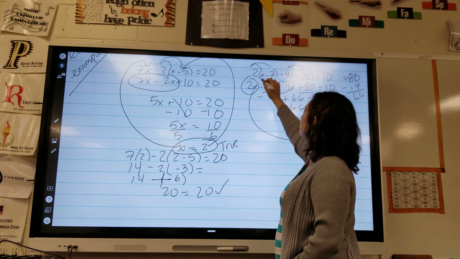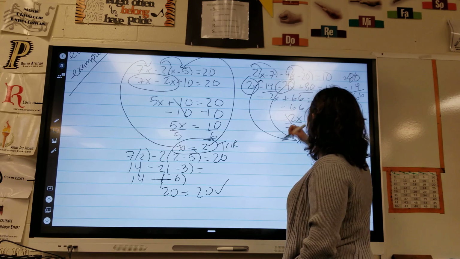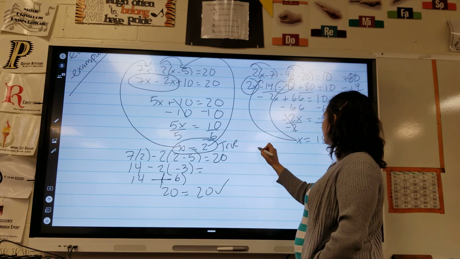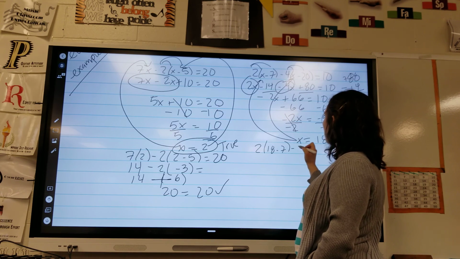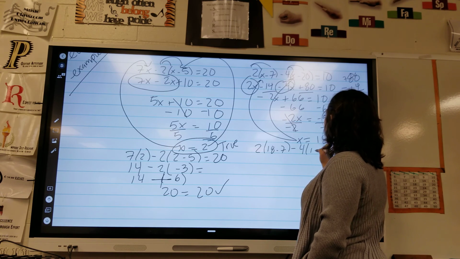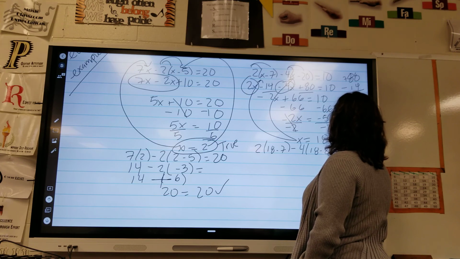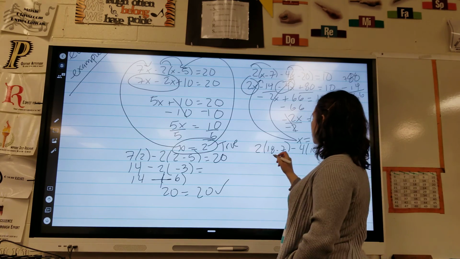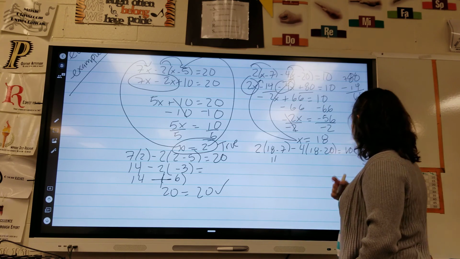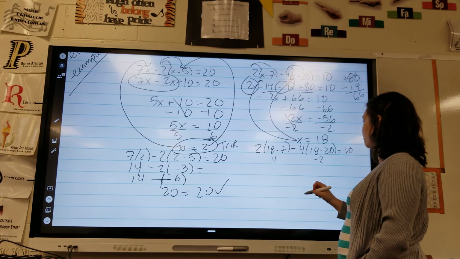So, going to put the x in there and that x in there. So, we got 2 times 18 minus 7 minus 4 times 18 minus 20. Do your parentheses first, order of operations. So, 18 minus 7 is 11. And 18 minus 20 is actually a negative 2.